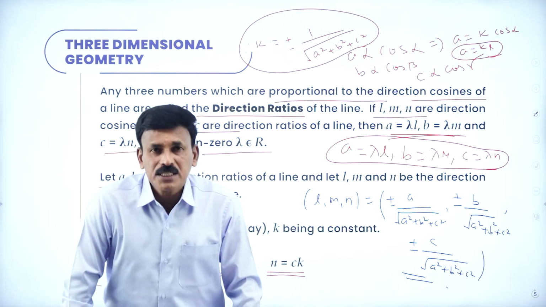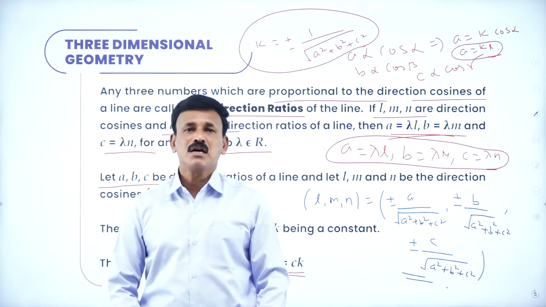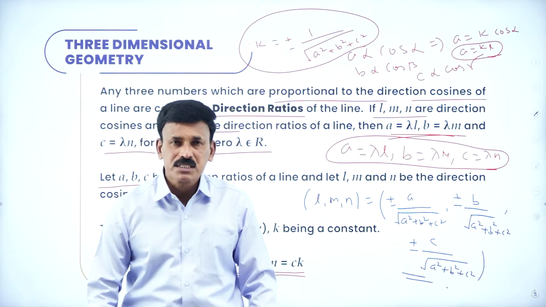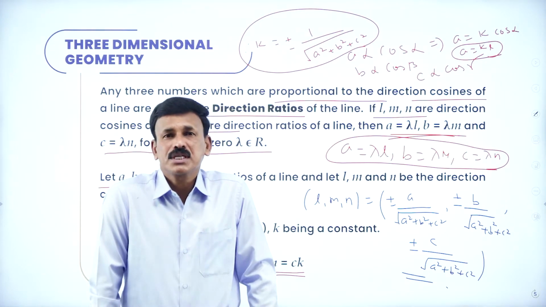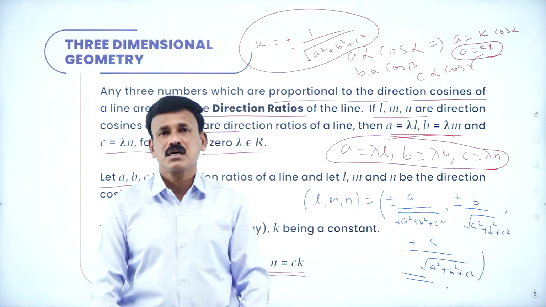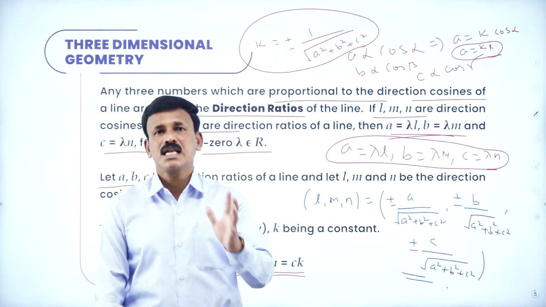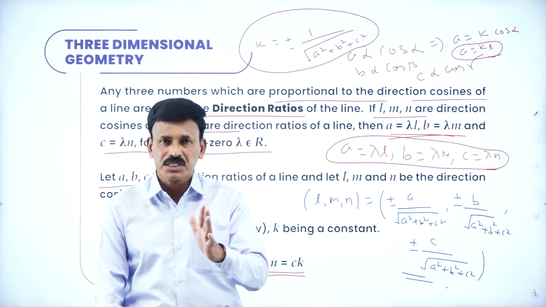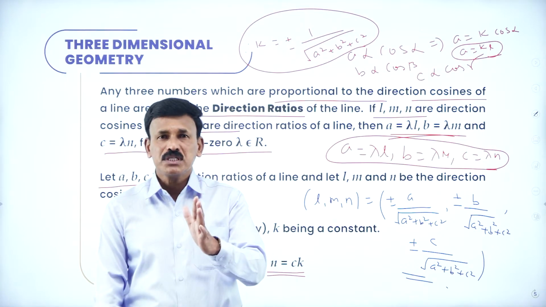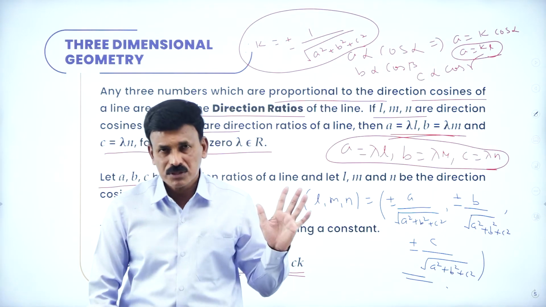So in general, if alpha, beta, gamma are the direction angles, then the direction cosines are cos alpha, cos beta, cos gamma, denoted as L, M and N. L is equal to cos alpha, M is equal to cos beta and N is equal to cos gamma.